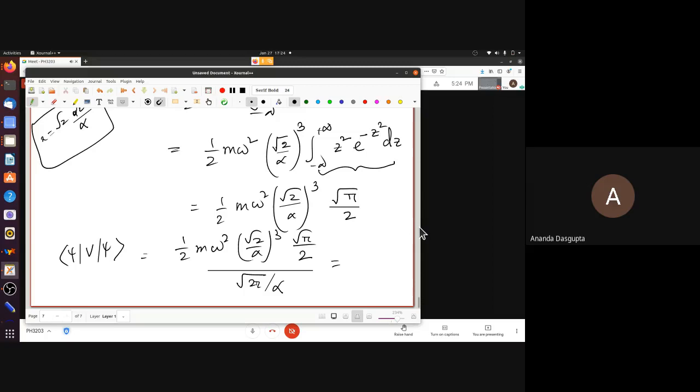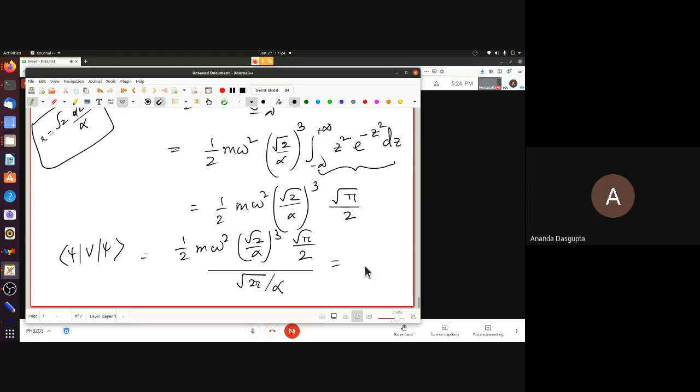What is very important here is that you should be able to make your calculation life easier by grouping the factors together properly. Like say you have a root 2 by alpha here, you have a root 2 by alpha whole cube here. Don't bother opening this out too soon because cancellations will happen after you open this out. That is, you cancel the root 2 by alpha factor, then you get a square, then you get 2 by alpha square. Use that.